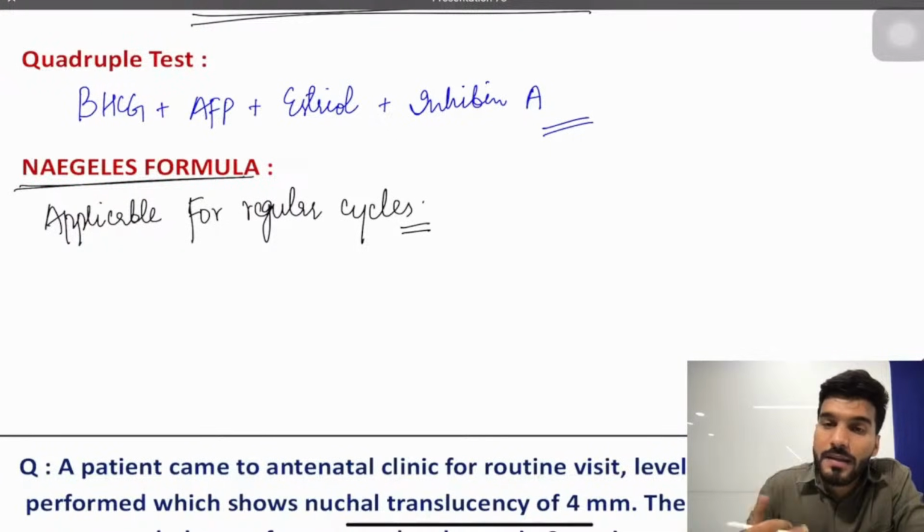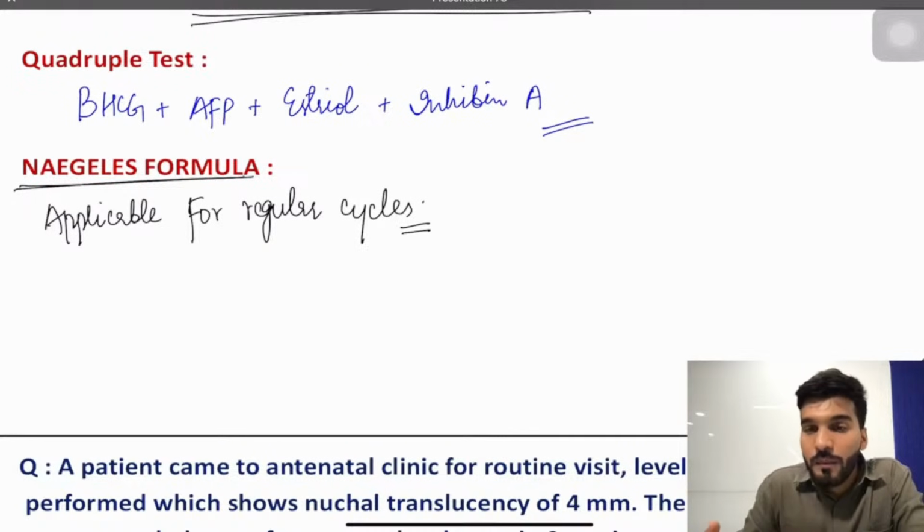Oligomenorrhea is a cycle beyond 35 days, polymenorrhea is less than 21 days, menorrhagia is excessive bleeding of more than 80 ml, hypomenorrhea is less than 10 ml, and normal bleeding is 20 to 25 ml or 30 ml. Is that clear? These are the basic definitions you should know.